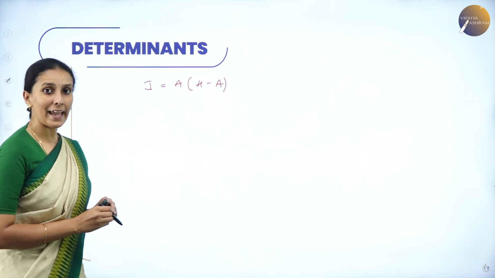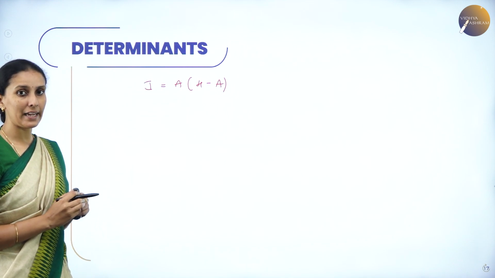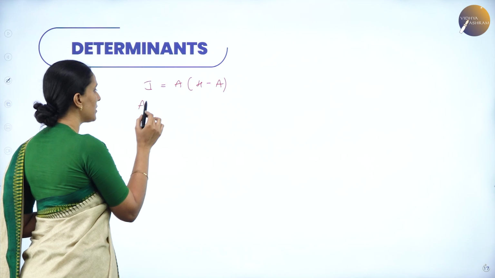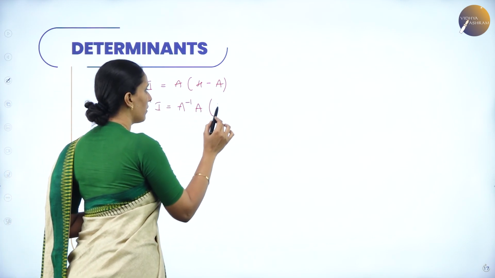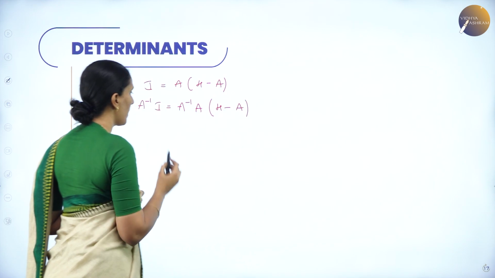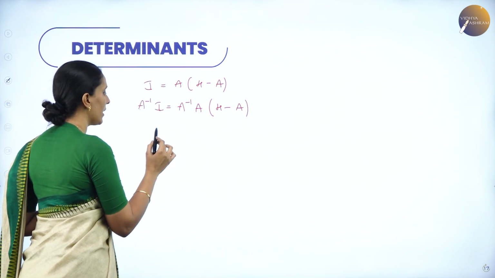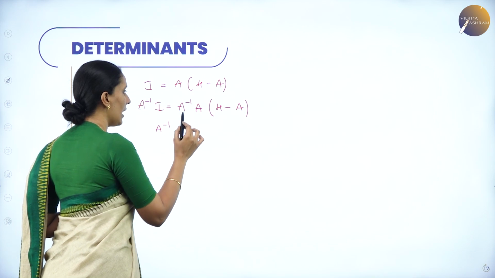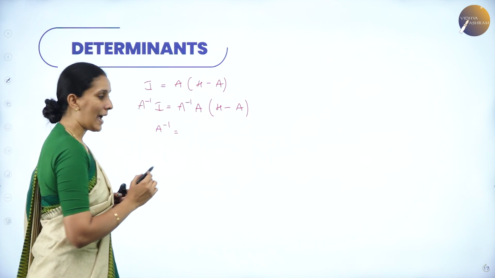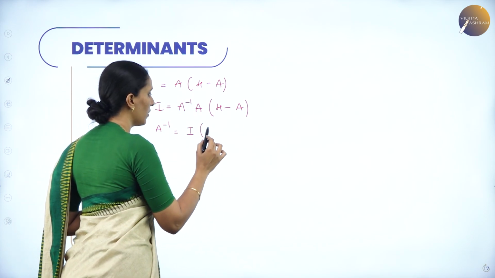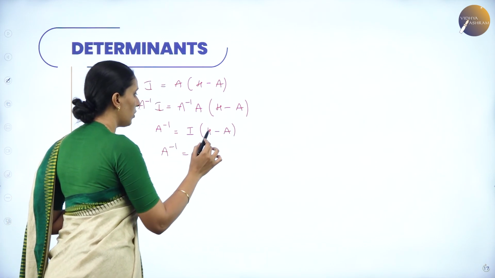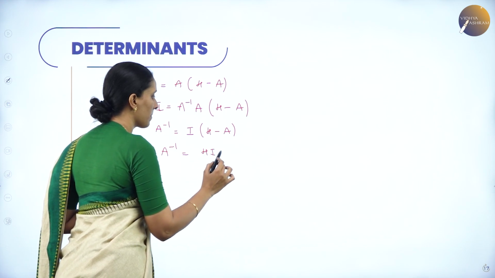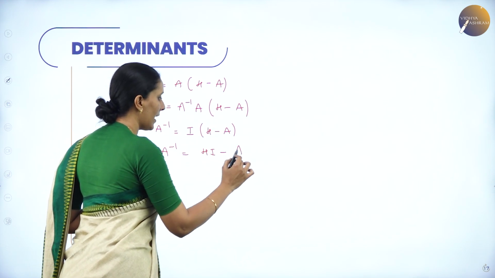Let's pre-multiply A inverse on both sides. Then I'll get A inverse into I, A inverse into A, 4 minus A. A inverse into I is A inverse only. A inverse A is always identity, that is I, 4 minus A. Now A inverse is equal to 4 into I minus A into I, which is A itself.